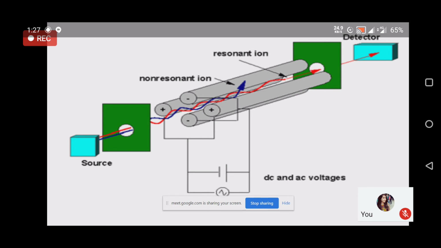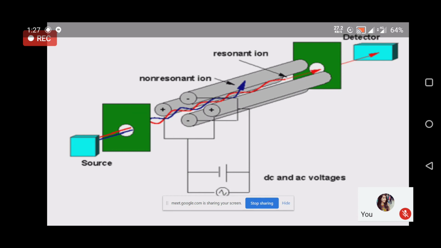Therefore you will find that there is not one single electric field applied. As you can see in the diagram on the screen, two potentials are applied. One is a DC potential and the other is an alternating radio frequency alternating current. Both of these are manipulated to allow a particular m/z to reach the electrode.